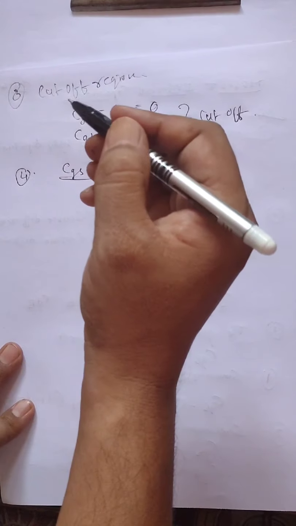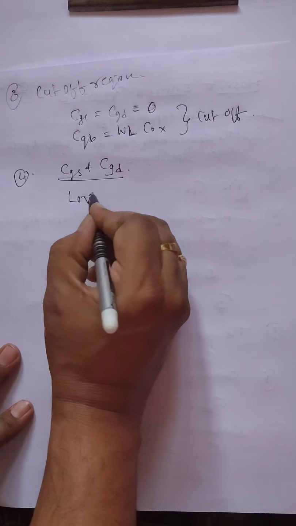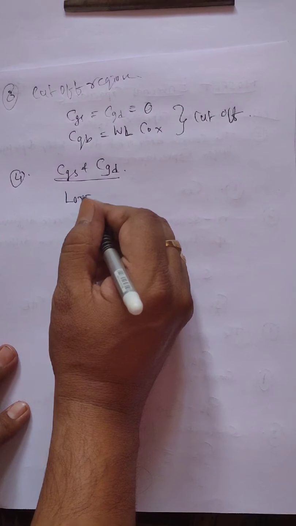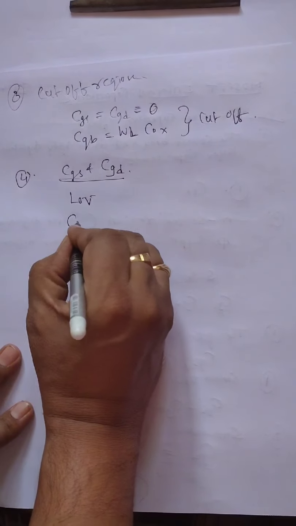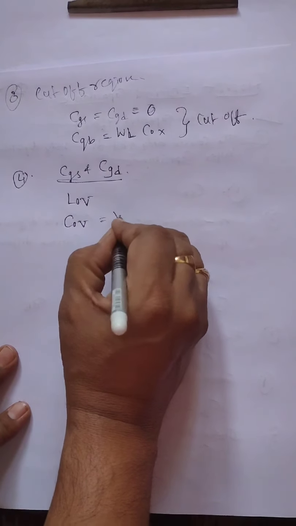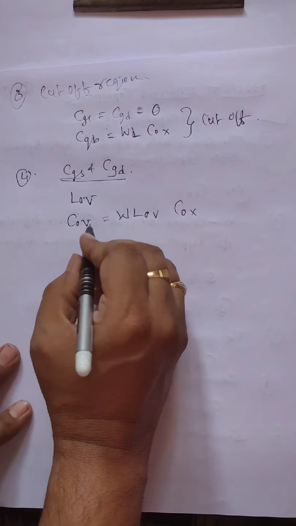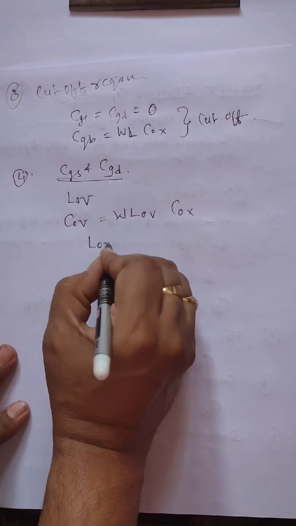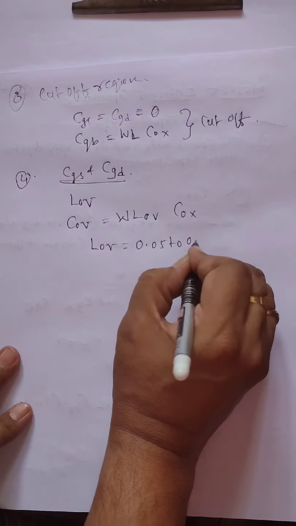If the overlap length is denoted by LOV, then the overlap capacitance component is COV equal to W into LOV into COX. Usually this LOV varies from 0.05 to 0.1 L.